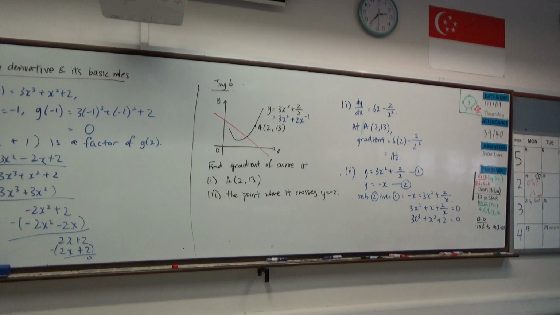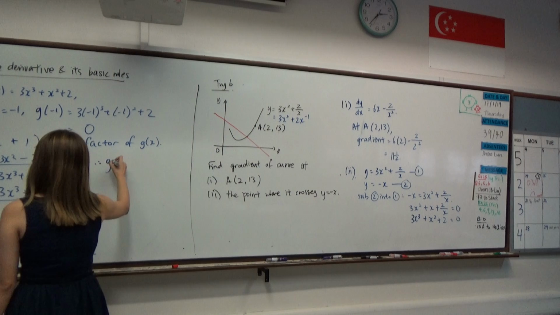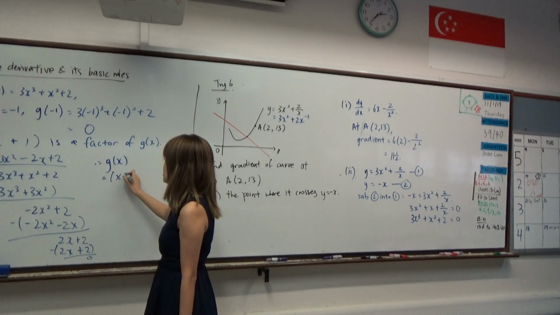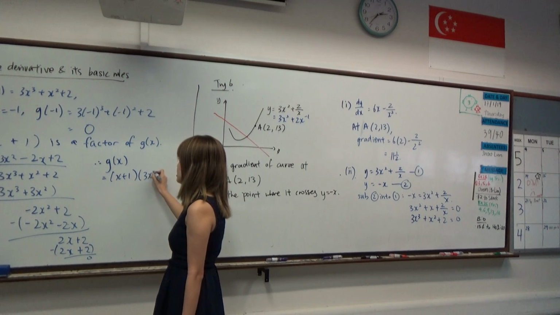So we do our long division, then we can conclude that g(x) is equal to x plus 1 times the quadratic factor.